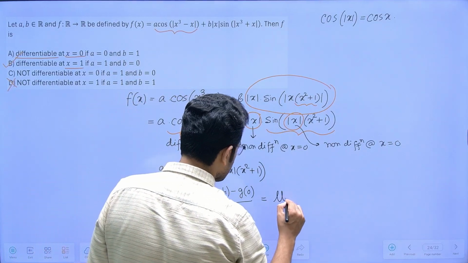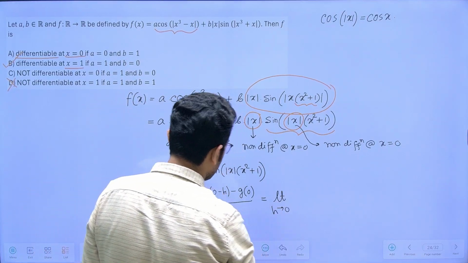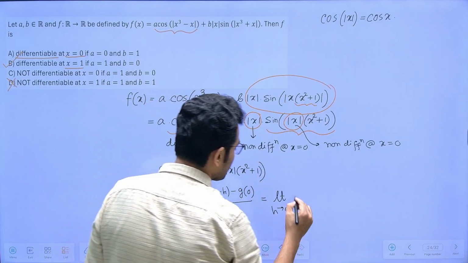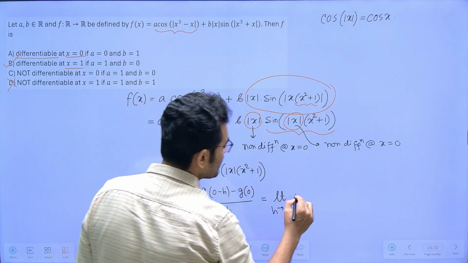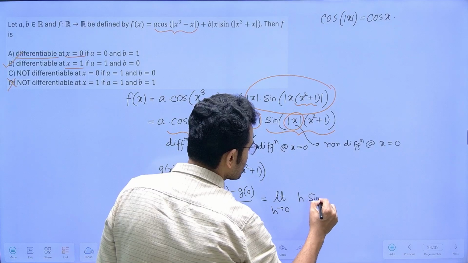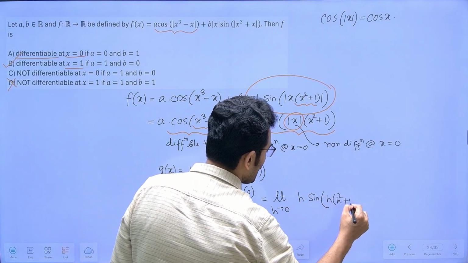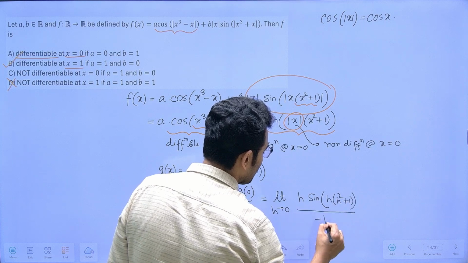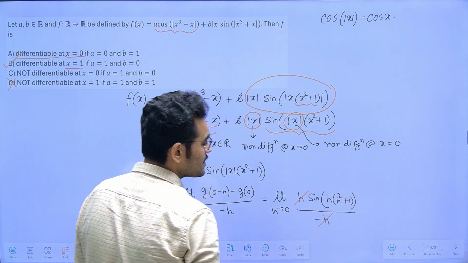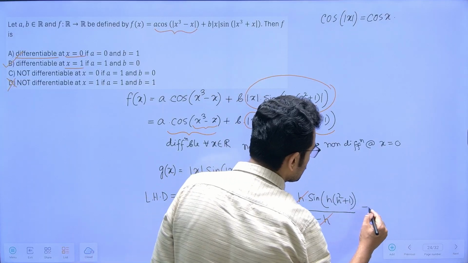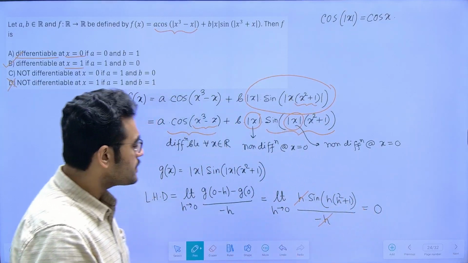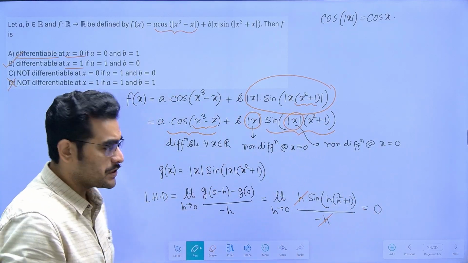If we put in the function, it will be the limit of |−h| sin(|−h|(h² + 1))/(−h), that is h sin(h(h² + 1))/(−h). So h cancels, and here we can put h = 0, so it will be 0. So LHD is equal to 0.